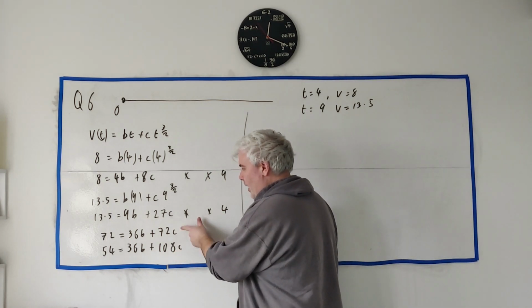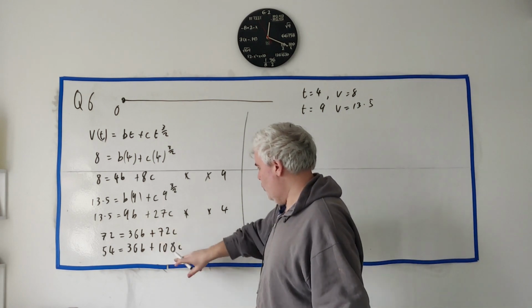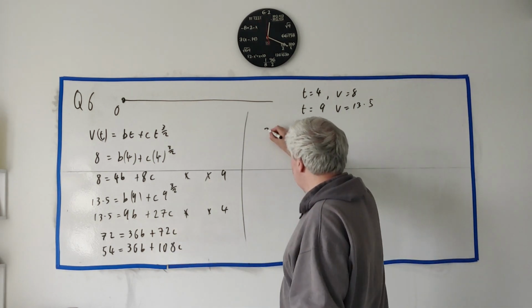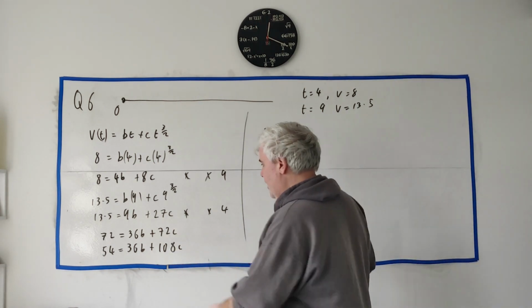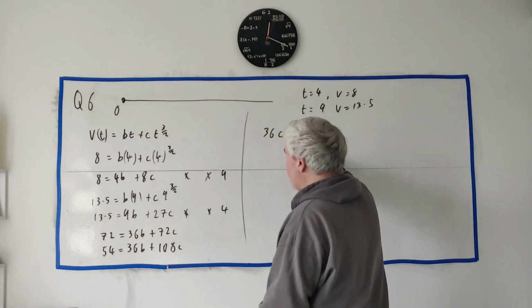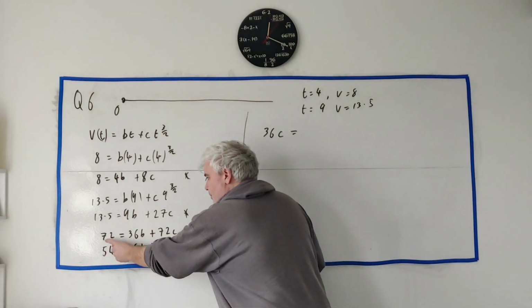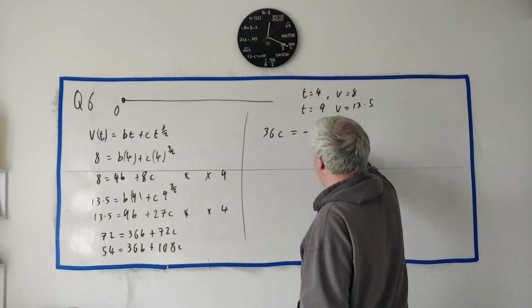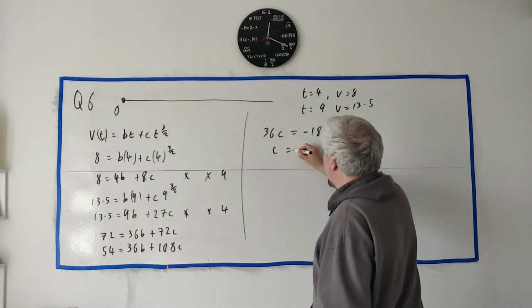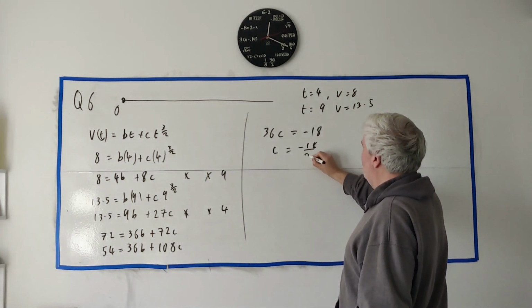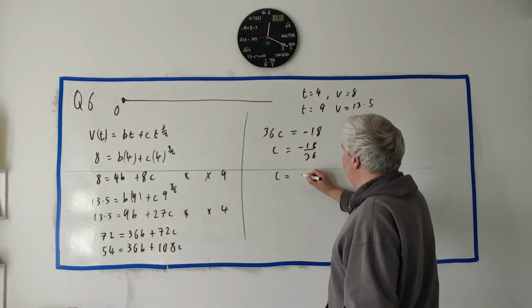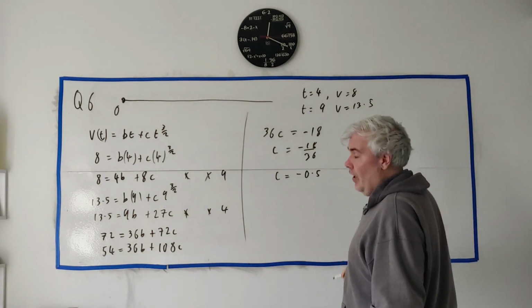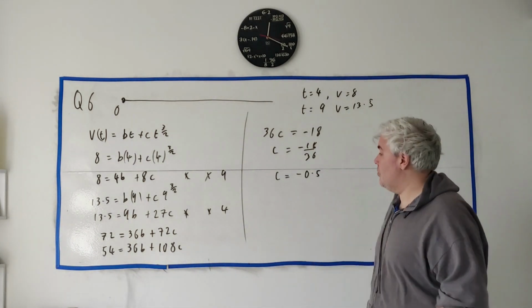This line minus this line will get 108 minus 72, which is 36c on this side, equals this minus this, which is minus 18. C is equal to minus 18 over 36. C is equal to minus 0.5, which is what they wanted us to show.